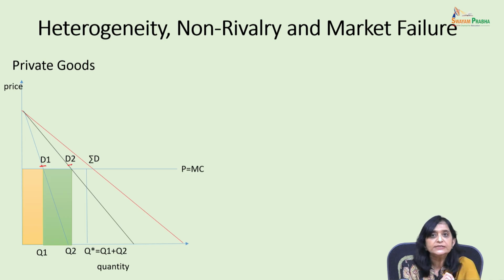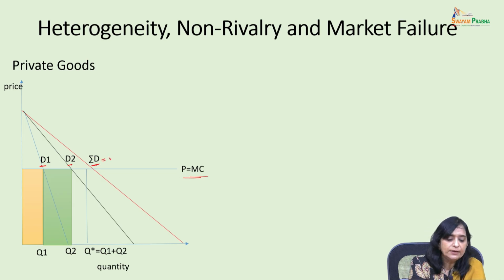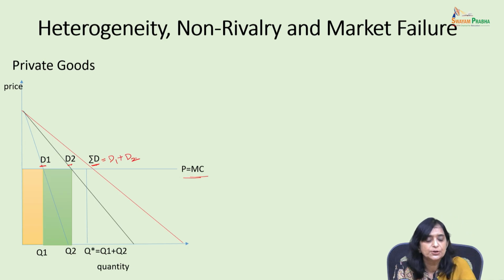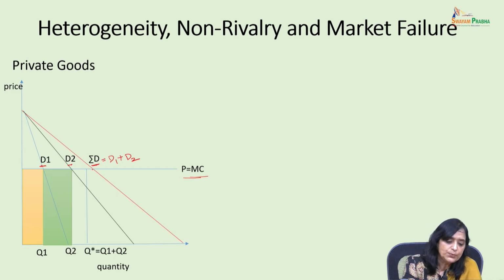If it is a perfectly competitive market, the price will be equal to the marginal cost. Because it is a private good, the producer gets the summated demand curve by adding horizontally the demand curve of person 1 and of person 2. The point where the demand curve meets the marginal cost curve gives us the quantity.